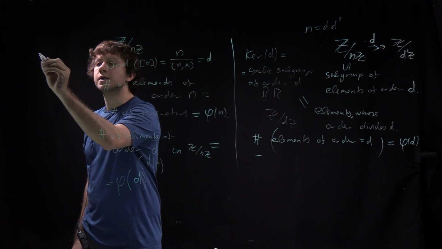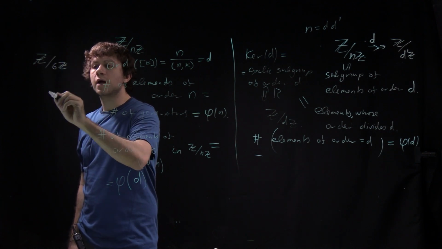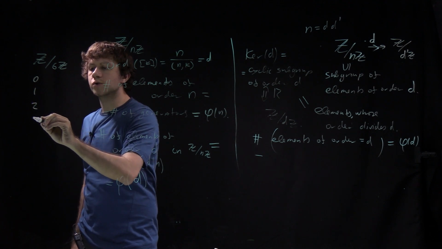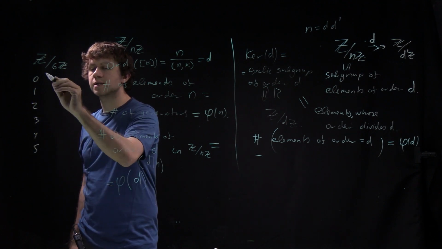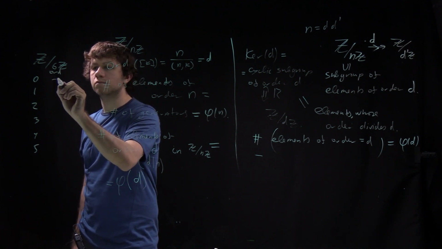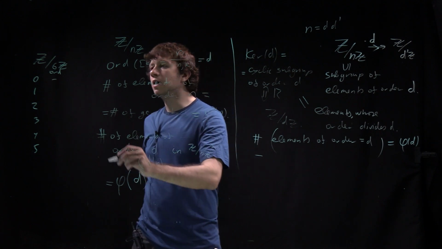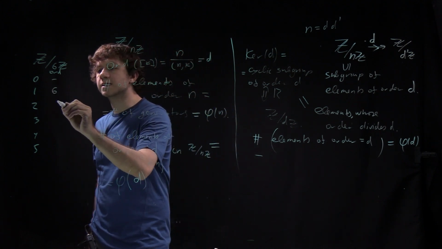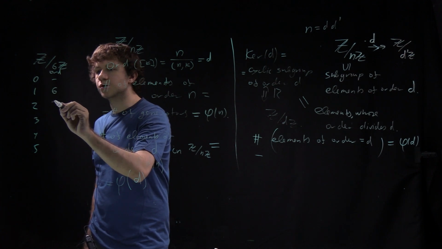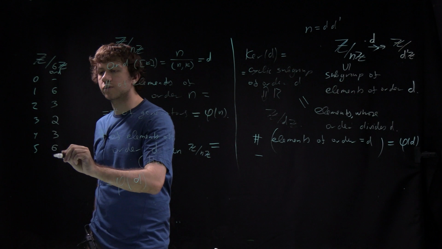So let's look at Z over 6Z as an example, and we have here the elements 0, 1, 2, 3, 4, 5, and here we have their order. So 0 has order, kind of, infinity, it's 0, not interesting. This has order 6, this has order 3, this has order 2, this has order 3, this has order 6.